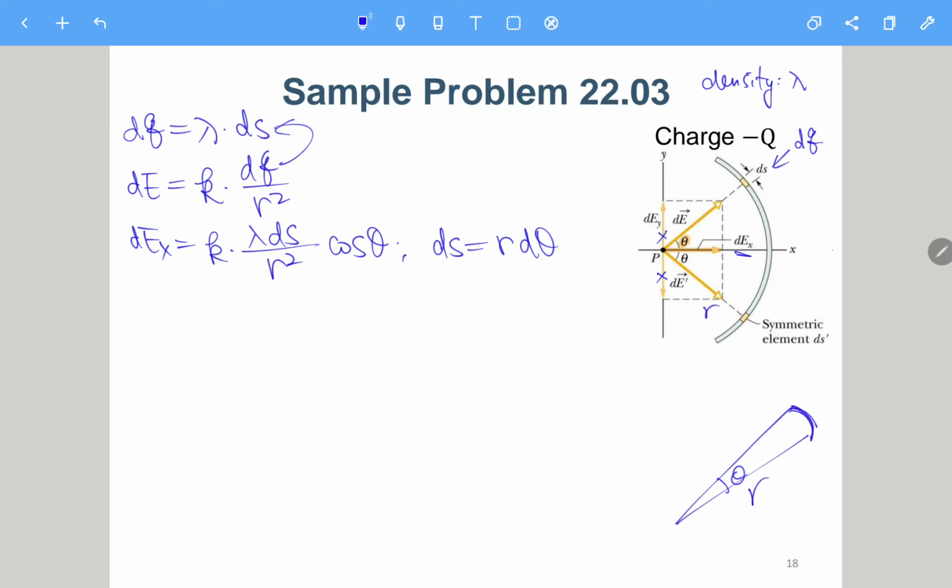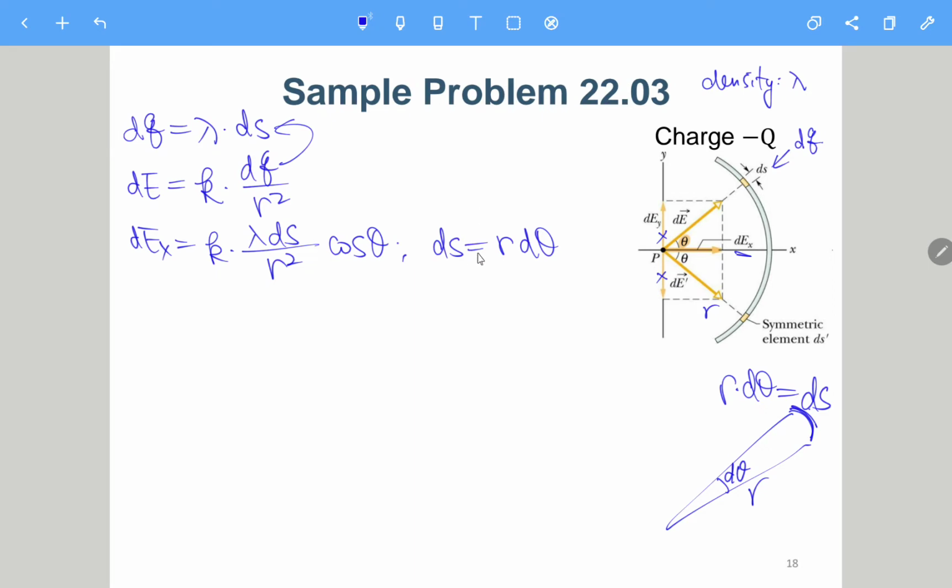So the arc length will be r theta, and of course in this case we will have something like this is ds, and this is d theta. So ds is r times d theta, like this.